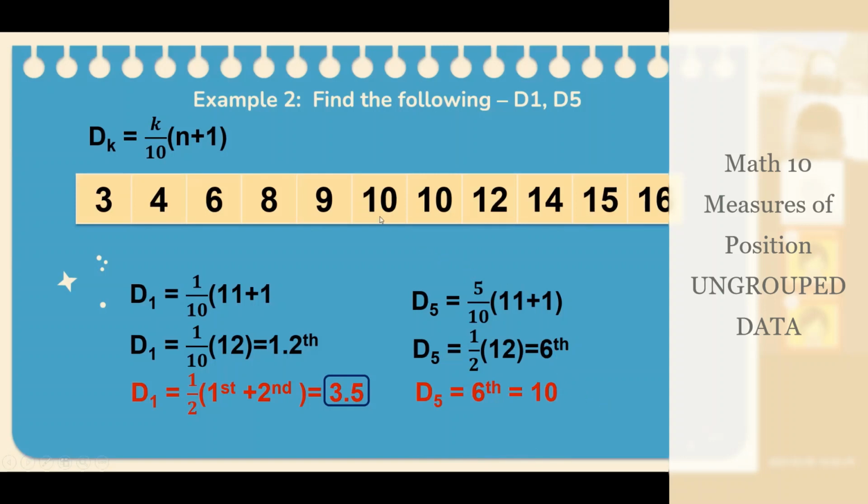So, yung pang 6 natin na place is yung 10. Looking at this, let's put line. Your decile 1 is between 3 and 4. That's why the line is here. So, that's your decile 1. Your decile 5 is 10, kasi ito mismo yung pang 6th place. So, this is our decile 5. Okay. Question before we proceed to percentile, the last part.